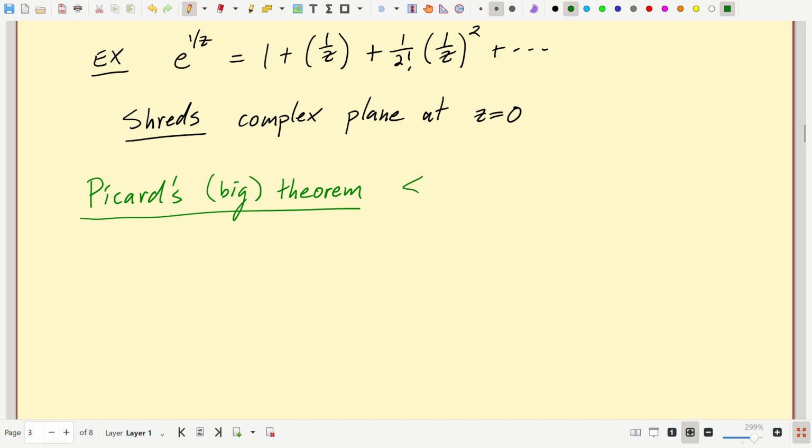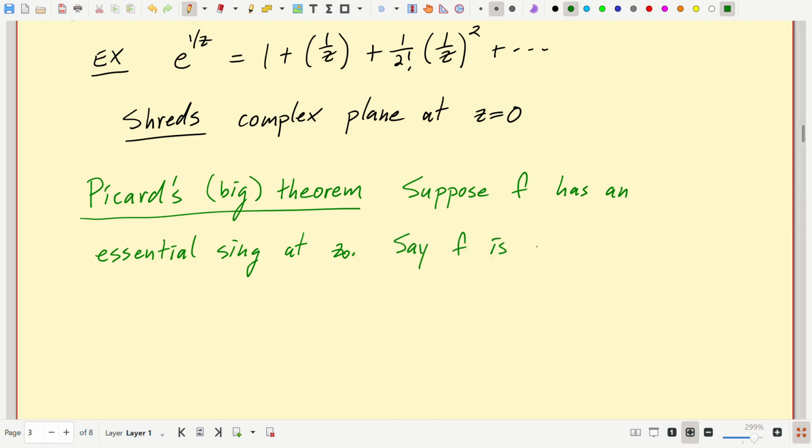So let's suppose f has an essential singularity at, say, z naught. Let's say that f is analytic on a little punctured disk, d epsilon about z naught minus z naught.